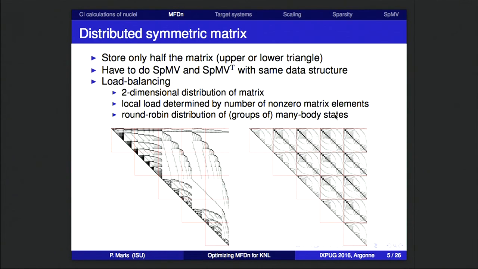So in red, I've overlaid the actual MPI processor. Each of these squares is assigned to an MPI processor, and even though these look like identical squares, they are actually all different. That way we get almost perfectly load balanced in terms of number of non-zero matrix elements, the local dimension on each matrix, etc.